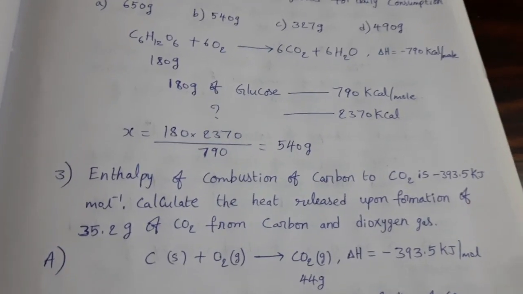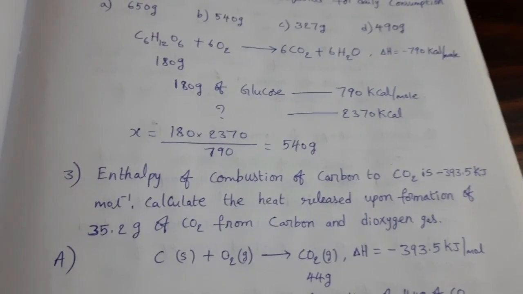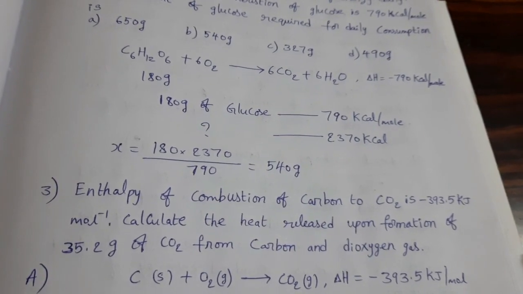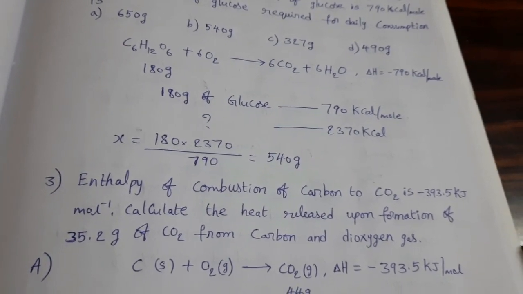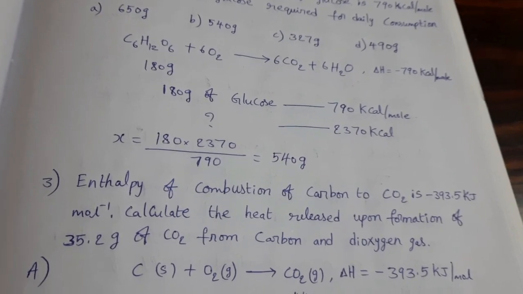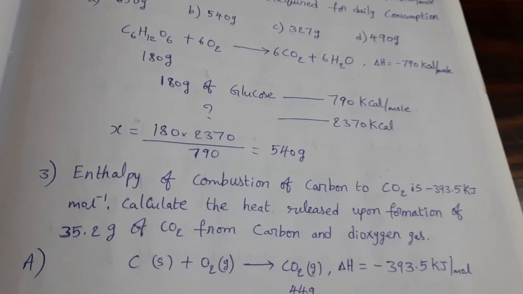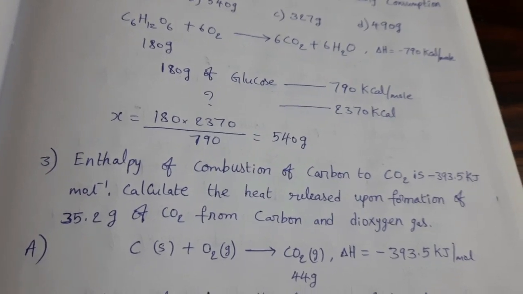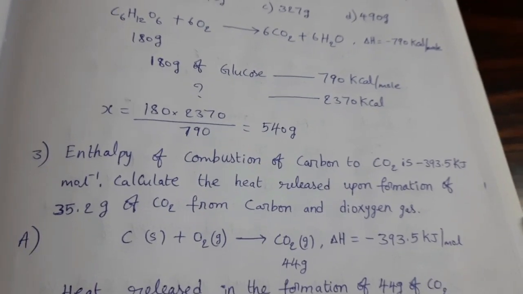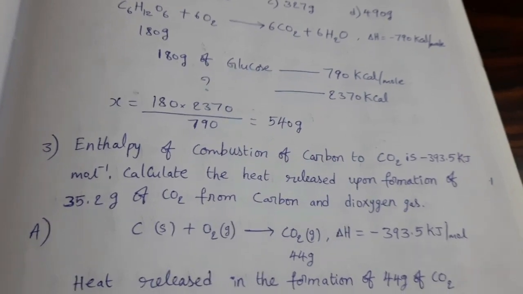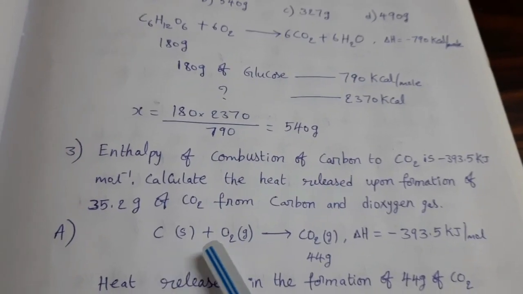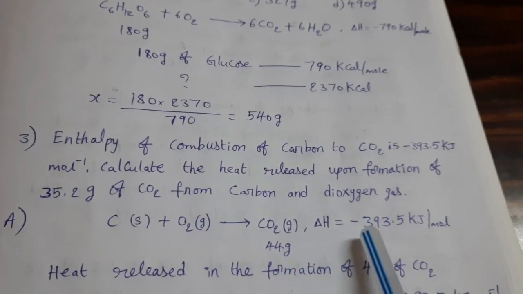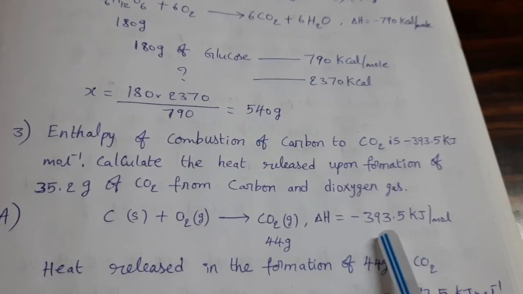Next, the enthalpy of combustion of carbon to carbon dioxide is 393.5 kilojoule per mole. Calculate the heat released upon formation of 35.2 grams of CO2 from carbon and dioxygen gas. So, formation of CO2. See the equation: C plus O2 gives rise to CO2, delta H equal to minus 393.5 kilojoule per mole.